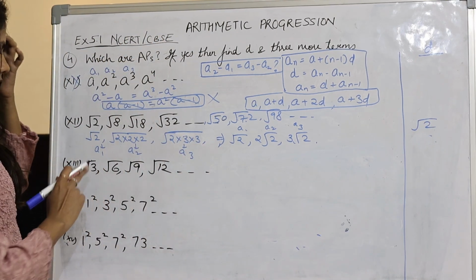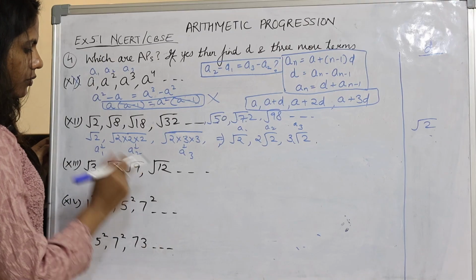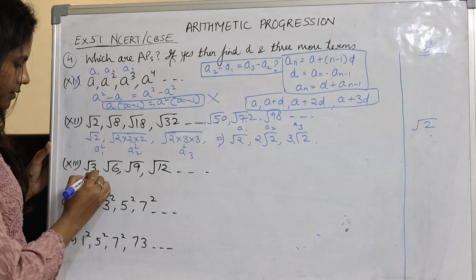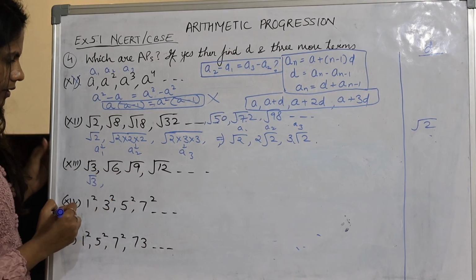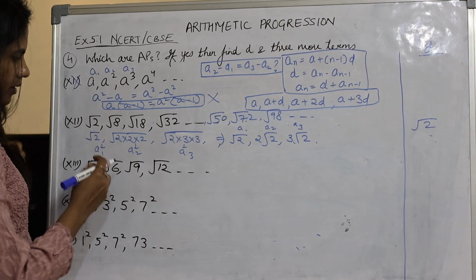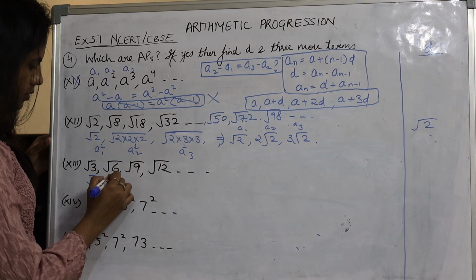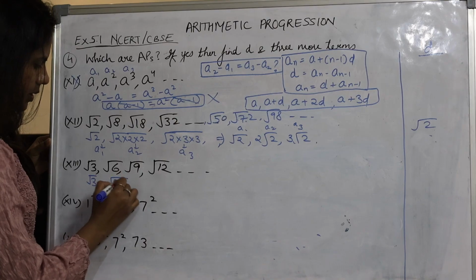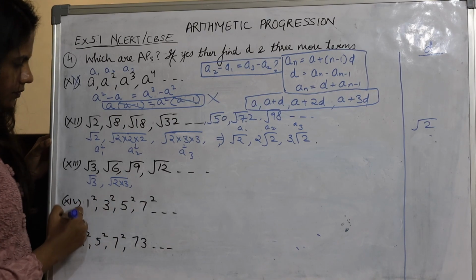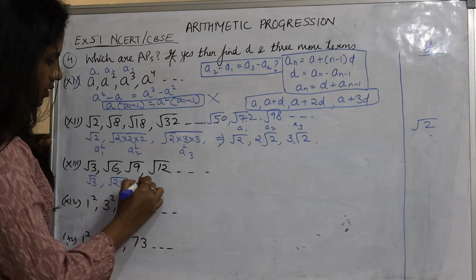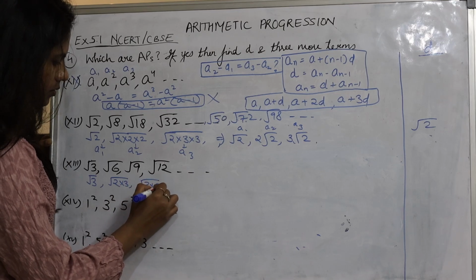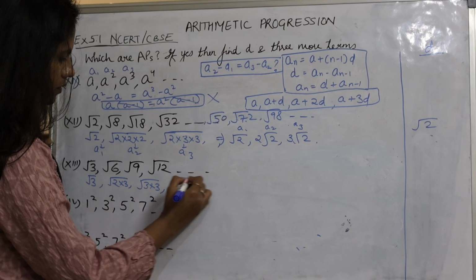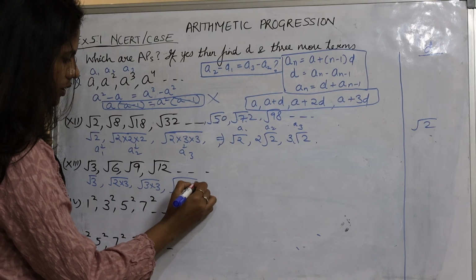Now this one: under root 3, under root 6, under root 9, under root 12. For this, we will see if we can write it in the form of prime factors. This will be 2 into 3. Now this one, 3 into 3. This one, 2 into 2 into 3.